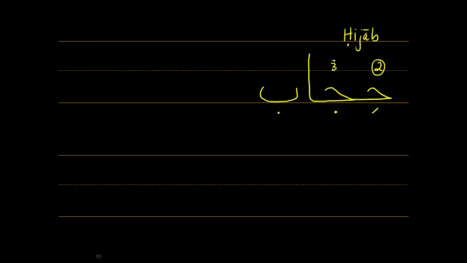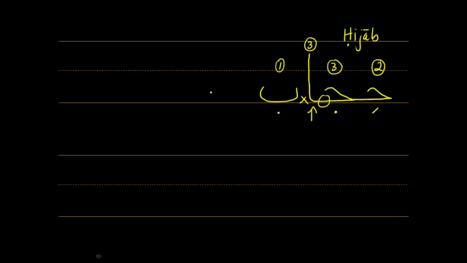We have medial position. We have, again, medial position. And we have here independent position. Now remember, don't forget that the alif here connects here, but does not connect here. An alif is a letter that connects from the right, but does not connect from the left. That's why the ba has to be in the independent position.